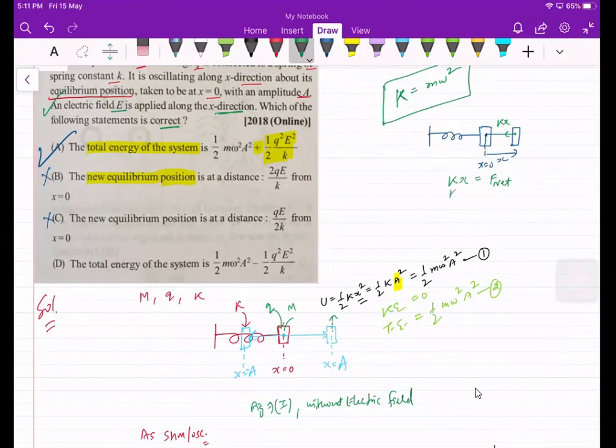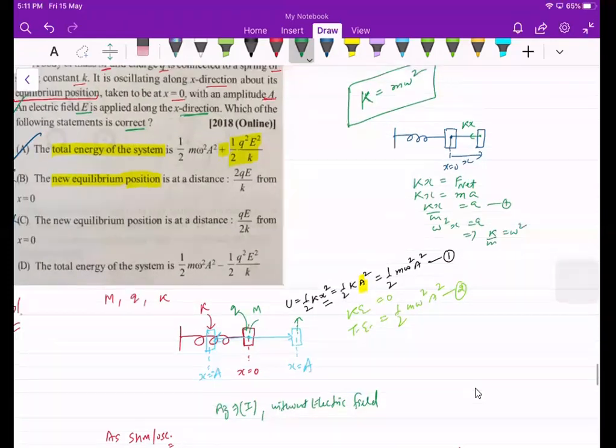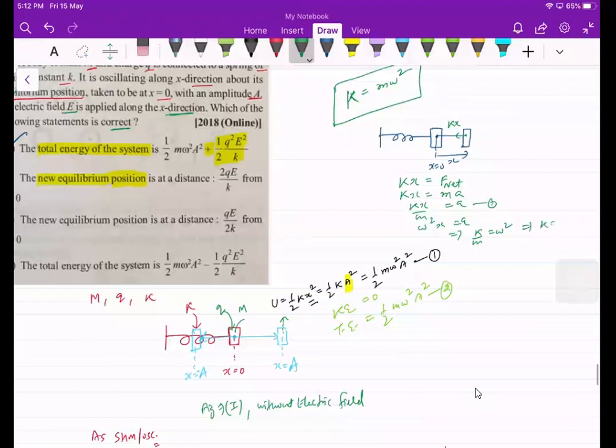So I can put F net as mass into acceleration. Acceleration comes as kx by m, and we can compare this acceleration with SHM acceleration, which is omega square x. So we have k by m equal to omega square, and k comes out as m omega square. This is what I have used here.